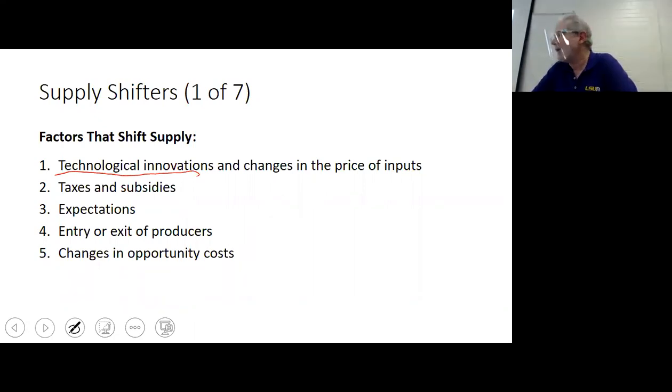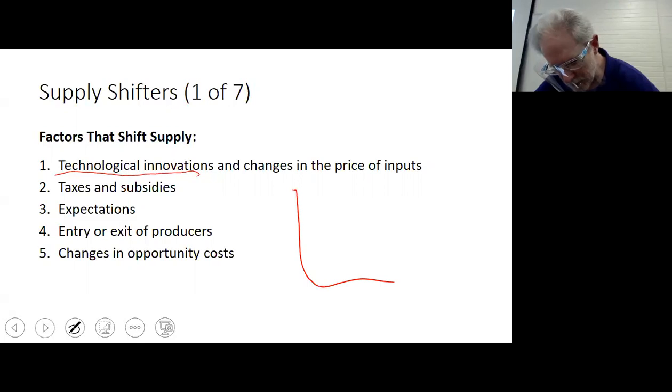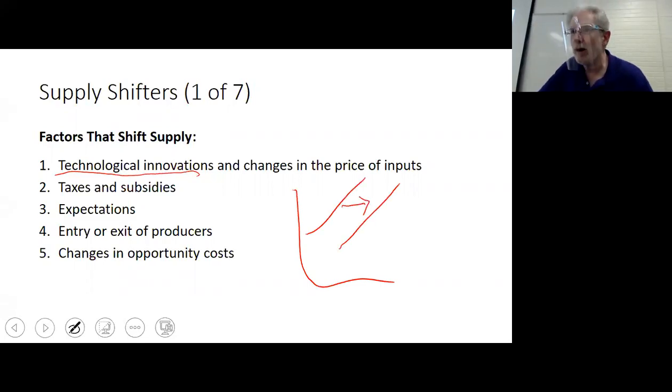If you're producing pocket calculators and a new technology comes along that lowers the cost to you of producing calculators, then you're going to be willing to produce more, because lower production costs mean it's more profitable to produce. So the innovation would cause the supply to shift to the right. And just like with demand, if it's shifting to the right, that's an increase. If it's shifting to the left, that is a decrease.